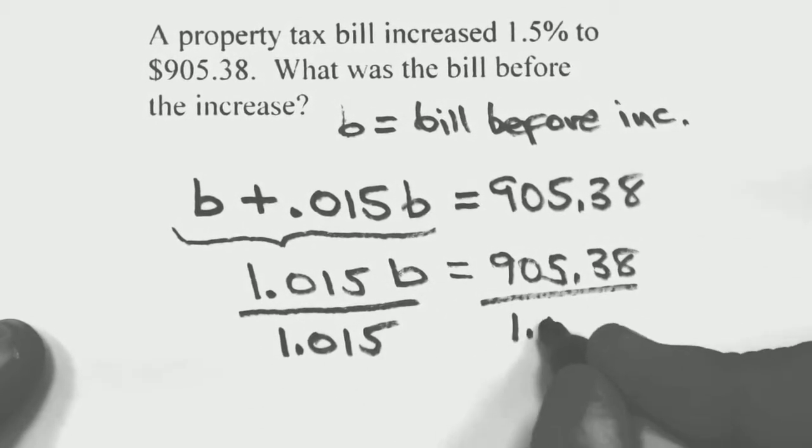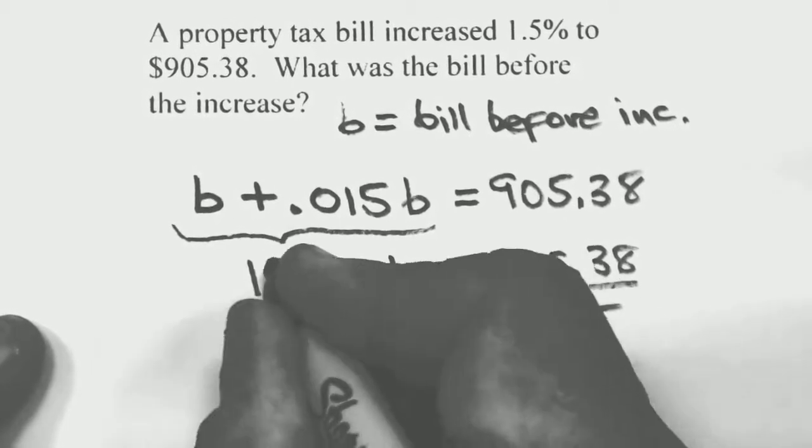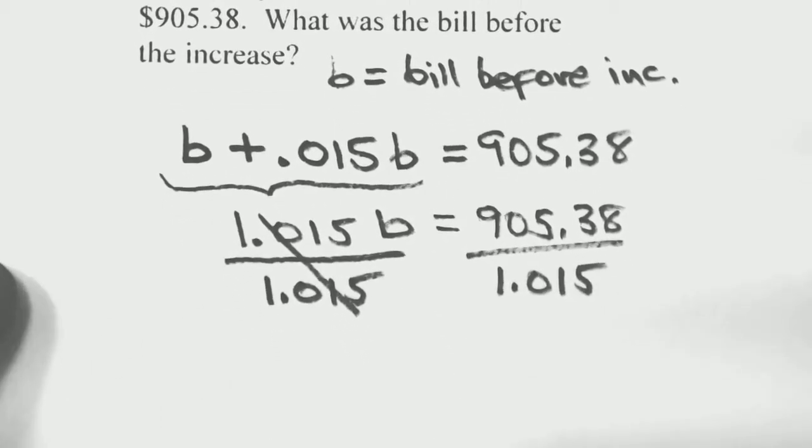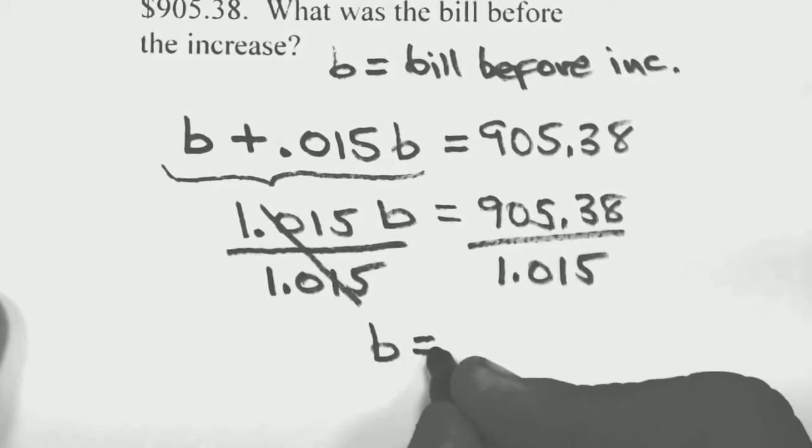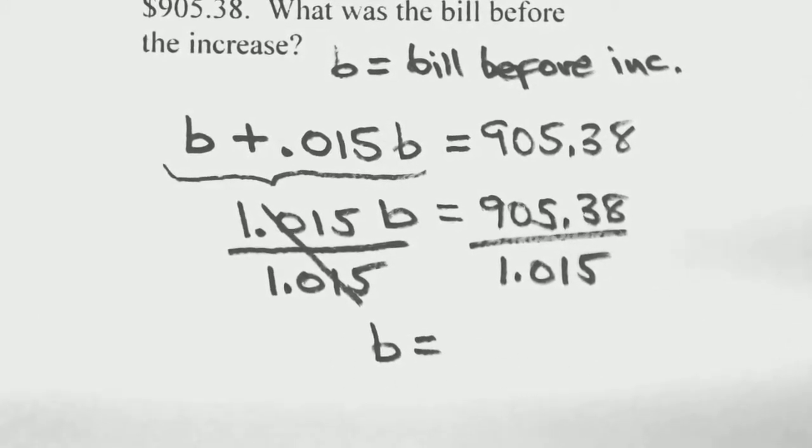Here we go, 1.015. The 1.015s in front of the B's reduce out. That, of course, is why we did that. So what do we get B equal to here? Well, grab your calculator again. We better have something less than 905 because that's what it is this year with the increase. So it had to be lower the year before. Let's see what we get.